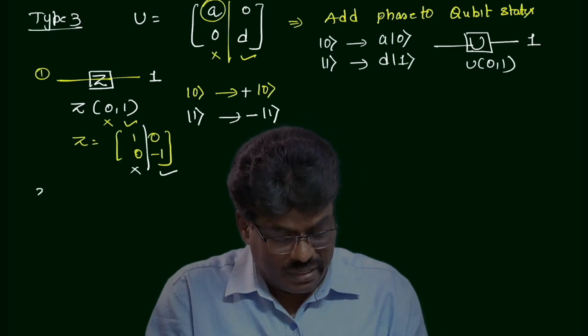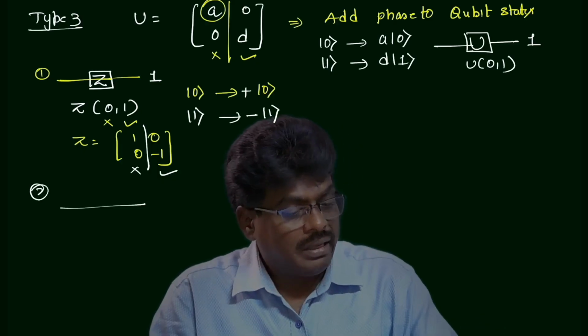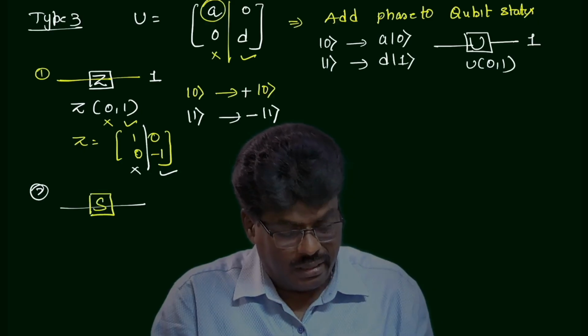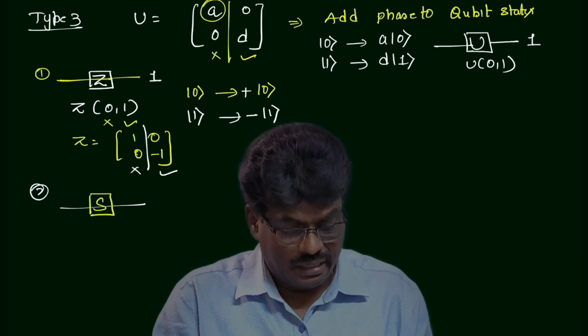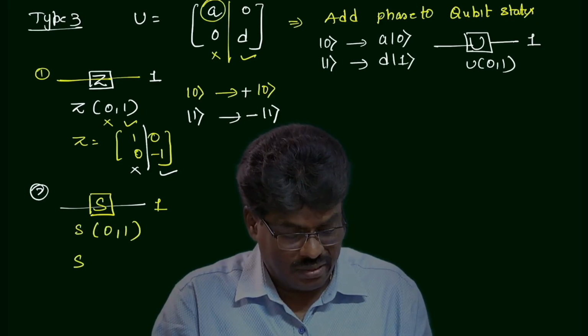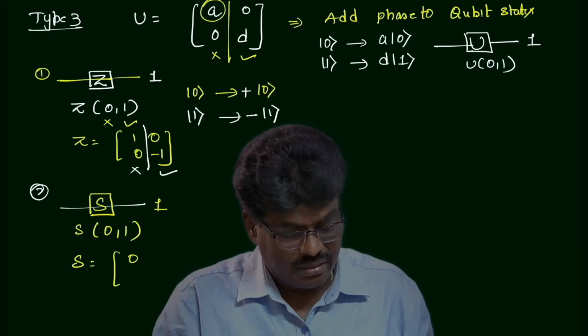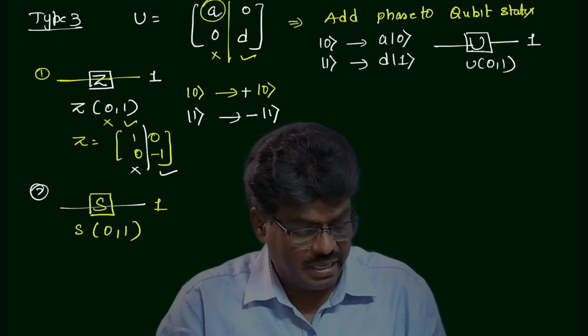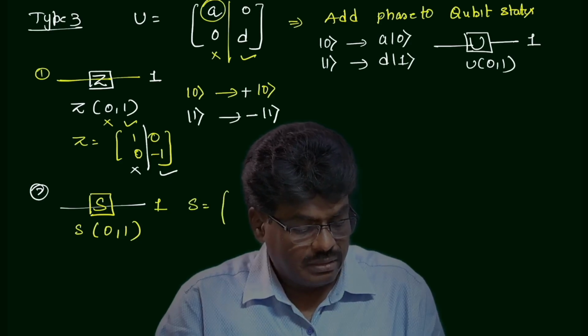Let me take one more example, and here I have the phase gate, the S gate. So the operation here is S of 0 comma 1, and the S matrix. Let me write the S matrix here. This is 1 0 0 i.